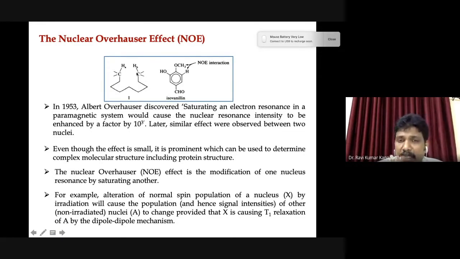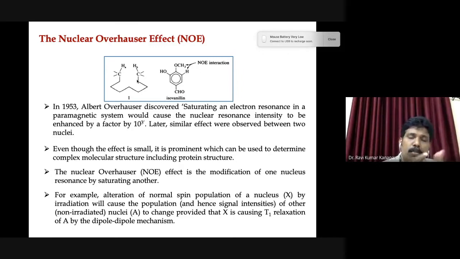This effect, let me tell you, is not through the bond but rather through space. I'm giving a cartoon diagram here: the nuclear Overhauser effect is found between two nuclei which are close by in space, not through the bond. If something is happening through the bond, we already understood that, that is spin-spin coupling.